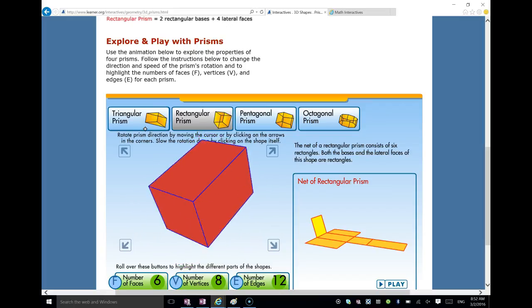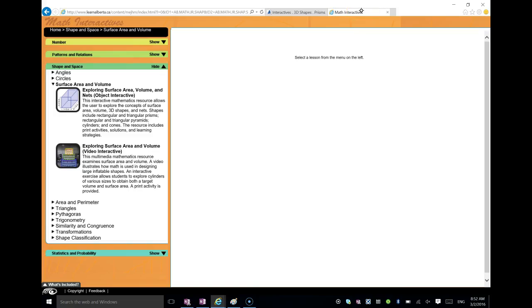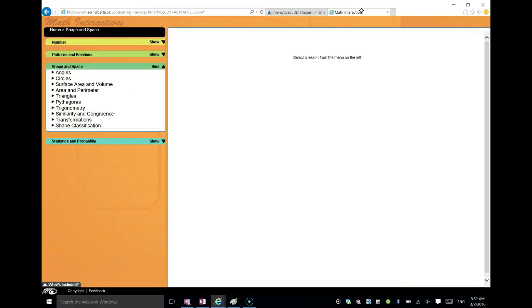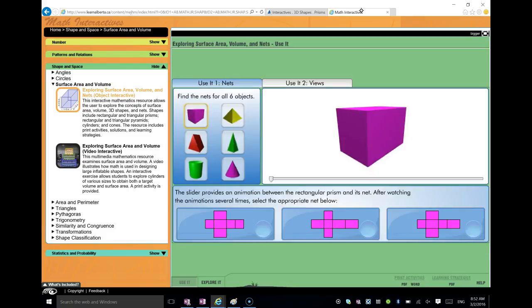If you have some time and you're still not quite sure what a prism is, I encourage you to go to this website. I'll show you where the links are in a second. But this has some interesting little activities for you to do here. There's a video to watch, and there's also an interactive activity right here. So it asks you to match which one of these nets fits this shape.